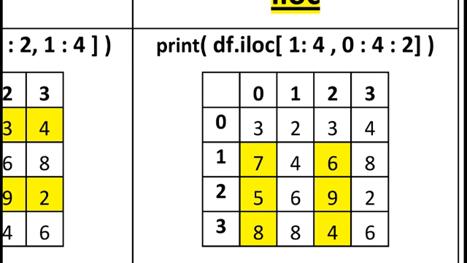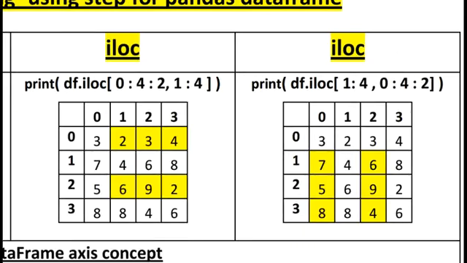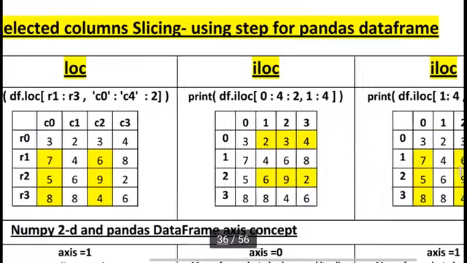But in this selected row I already used step, so 4 6 8 or 8 2 6 will not be included. So this is an advanced slice operation, the complete slice operation. With its help, we can select the selected rows, and in these selected rows we can select selected columns.